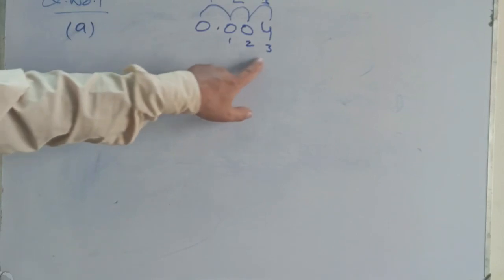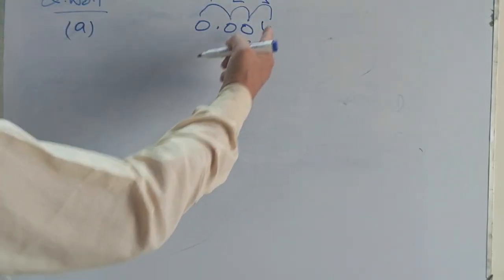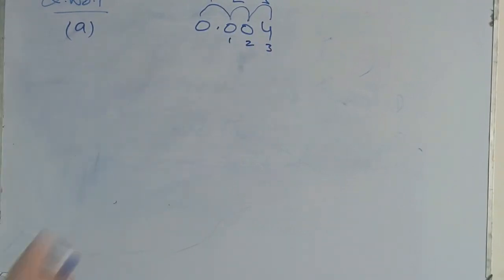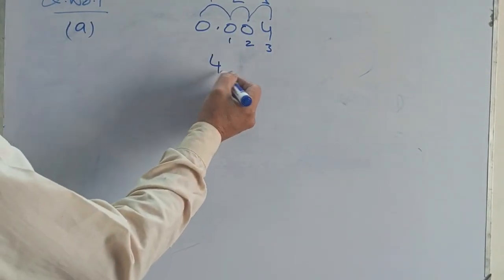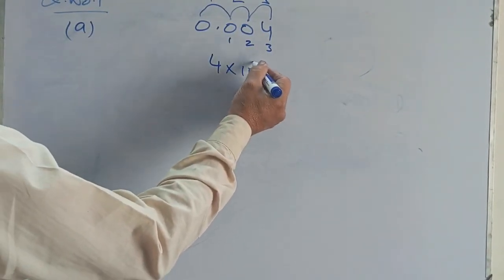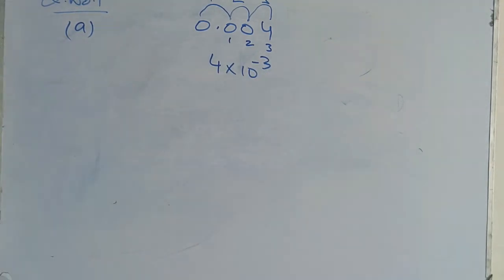There are 3 waves. You see that in both ways we have come up to 3 waves, number 3. We are concerned with this number 3. So it will be written as 4 into 10 raised to power minus 3.